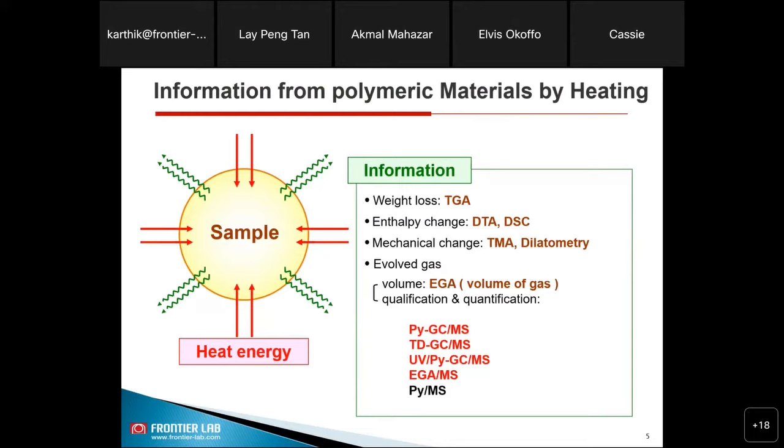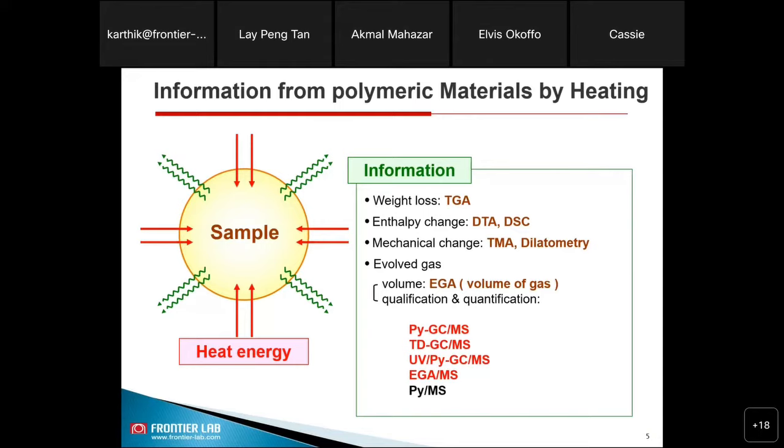So this TGA data can tell you the temperature profile of the material. Similarly, the enthalpy changes are generally measured with DTA or DSC, and mechanical change is measured with dilatometry or TMA.